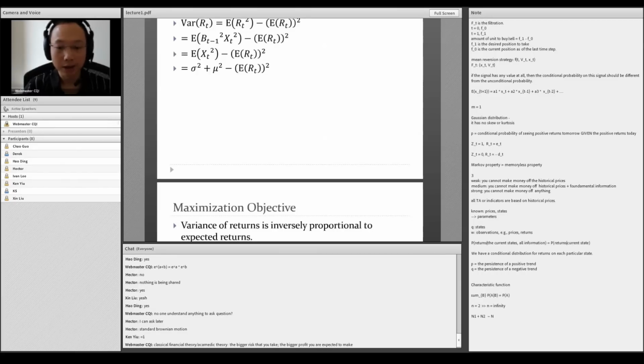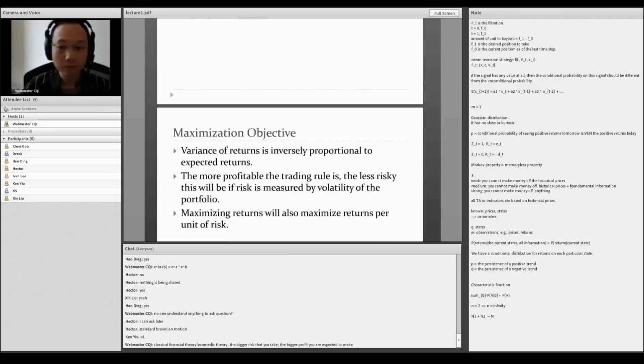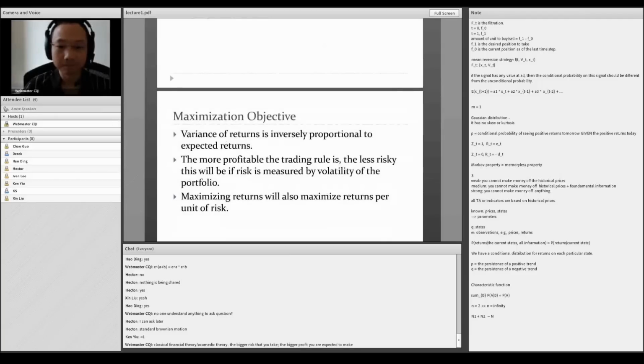So basically, it's saying the more profitable the linear trading rules that you have, the less risky it is, assuming that risk is measured by volatility. But as we shall see in the last lecture, risk is not necessarily measured by volatility. But let's assume for the time being, we measure risk by the volatility of the portfolio.